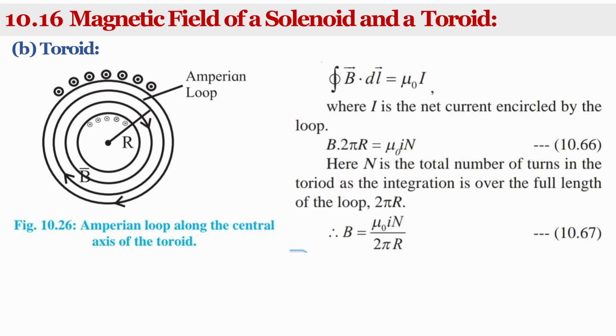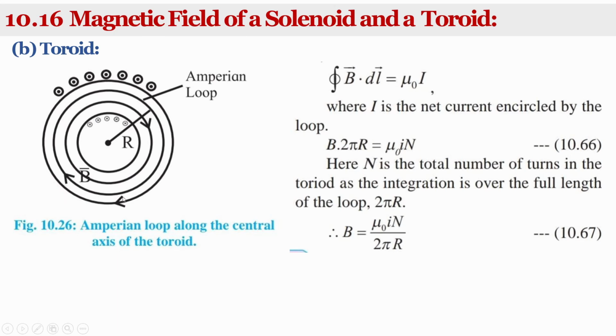The magnetic field lines in the toroid are concentric circles.